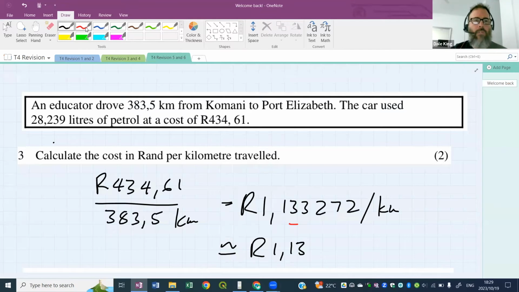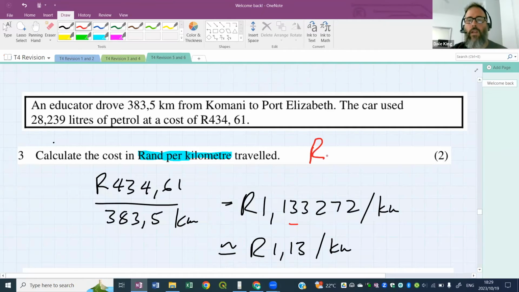Now, for some of you that are saying, well, what goes on top and what goes at the bottom? Well, let me give you a little hint here. You see this statement, rand per kilometer. Well, if I write that with symbols only, it's rands per kilometer.